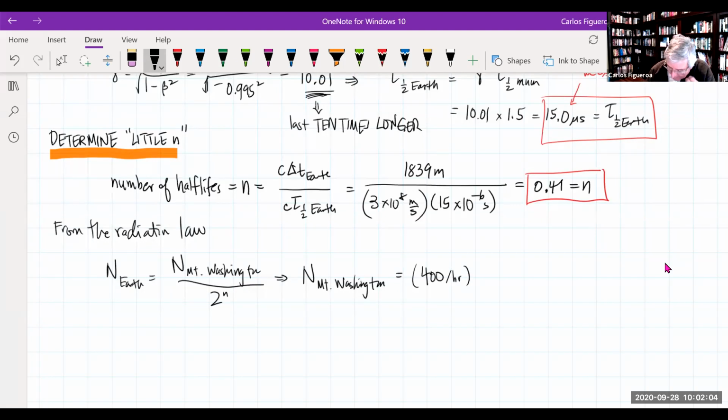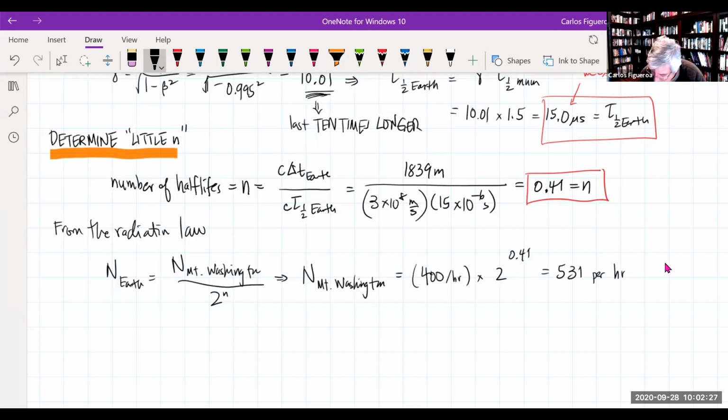And then if I bring in my time factor, my half-life factor, I get a value of 531 hits per hour.